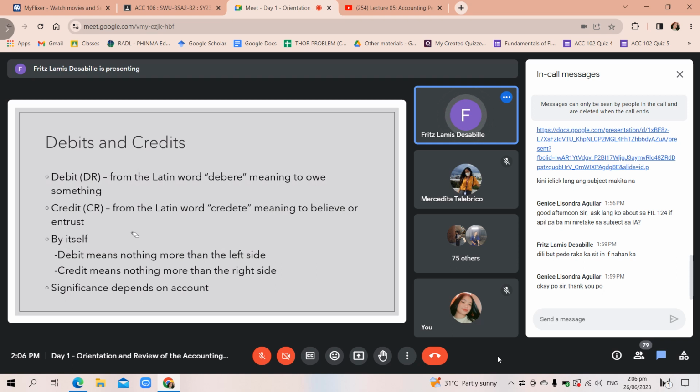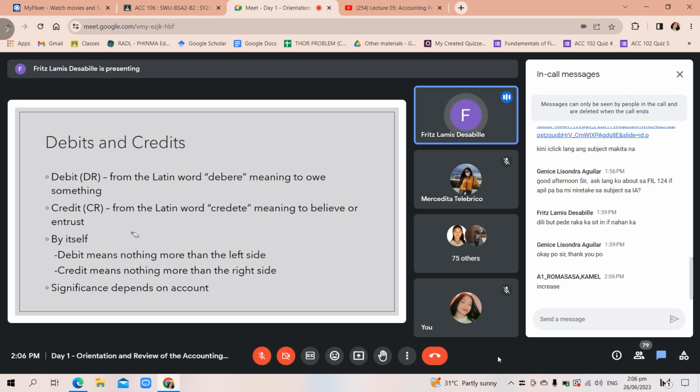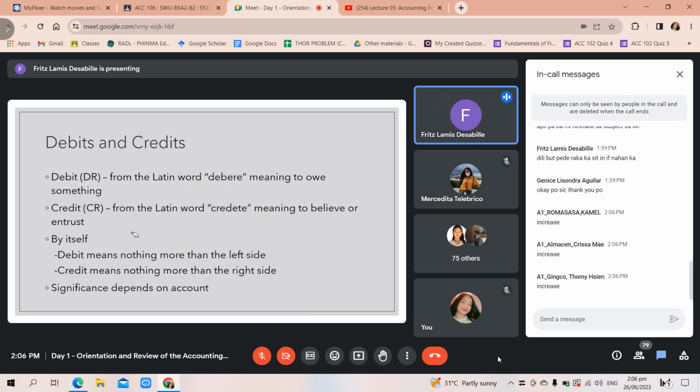Okay, question. Just raise your hand, answer, or type in the chat box. If you debit an asset, what will happen to the asset? Basic question. Open your mic. Increase. If you credit an asset, what will happen?